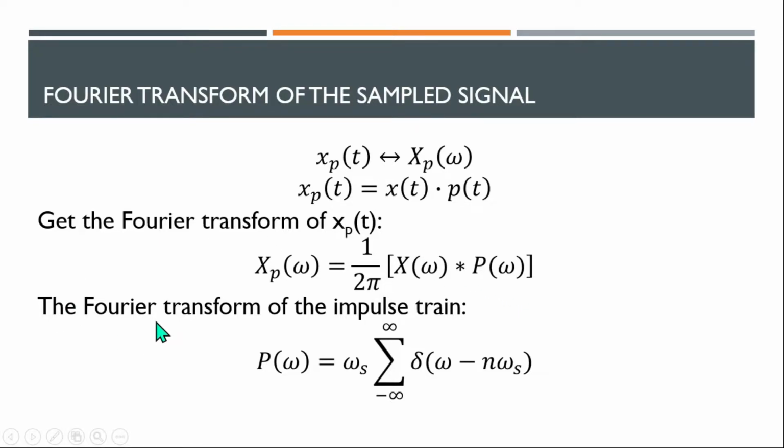The Fourier transform of the impulse train is P of omega equals omega sub s times the summation from n equals negative infinity to positive infinity of delta of omega minus n times omega sub s.